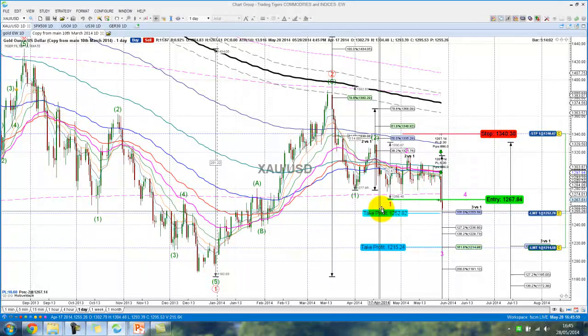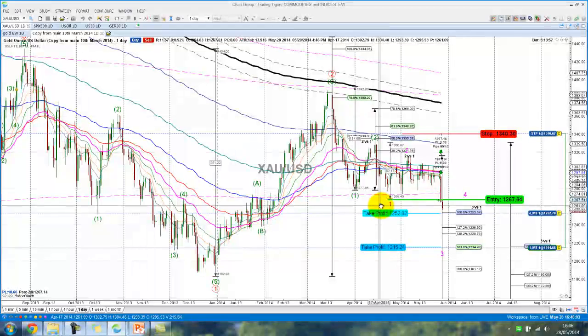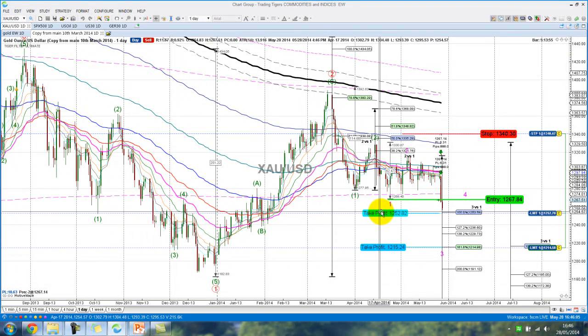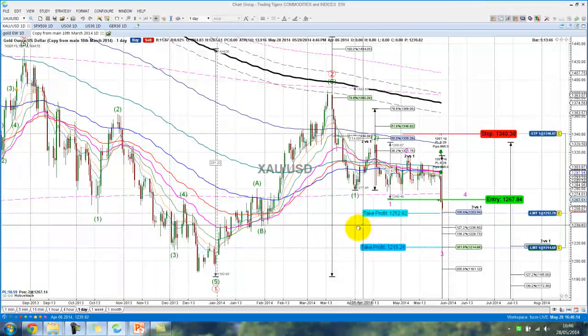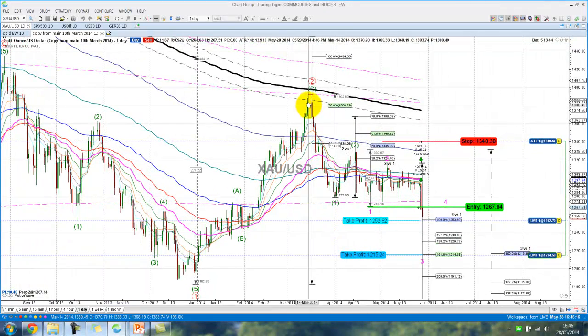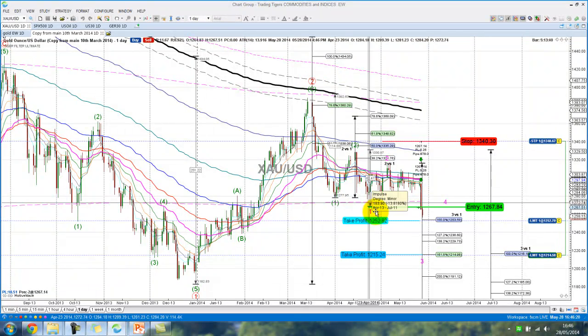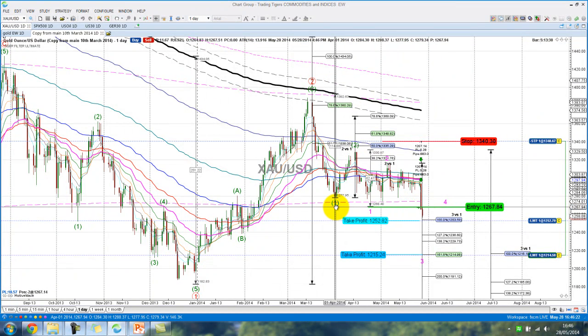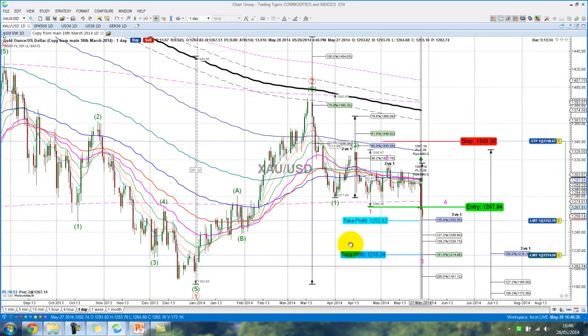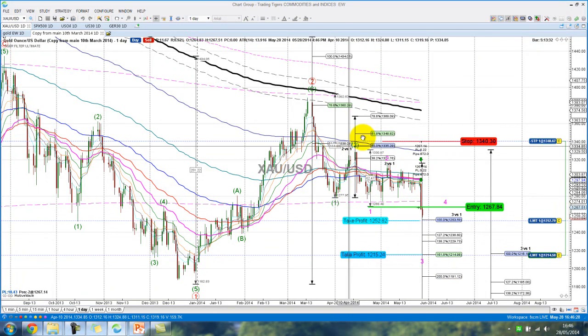We put an entry at 1267.84, which is the low of wave 1 of the subwave of the intermediate. So running through with you, the subwave of the primary is the intermediate, which is green in brackets, and that's also in a wave 3. It's completed its wave 1 and a wave 2.